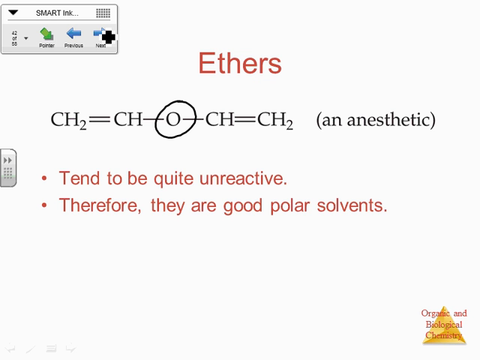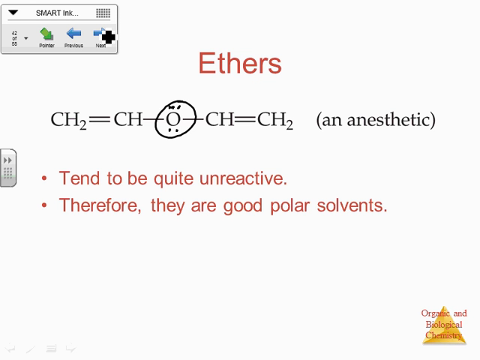But these tend to be unreactive because if you look at it, there's a little bit of polarity there, okay? But because the oxygen is in the middle here, there's not really a lot that can react. So they're good polar solvents, okay? They have this polarity because you've got the two lone pairs on here that are going to change the shape of this thing.